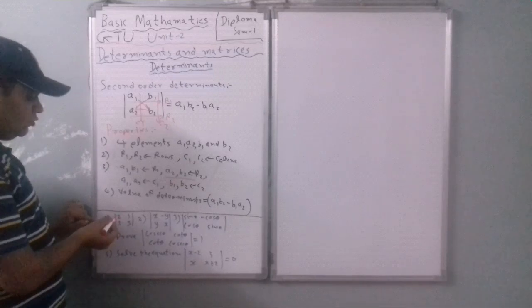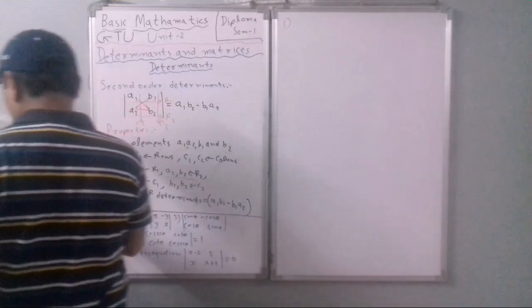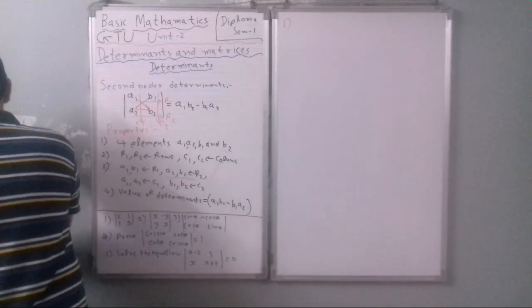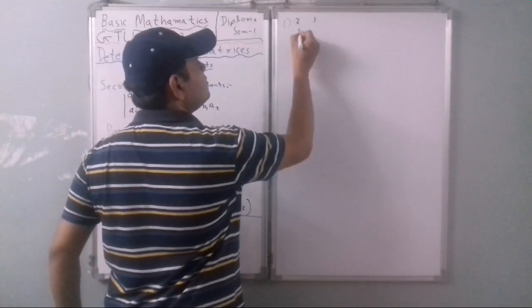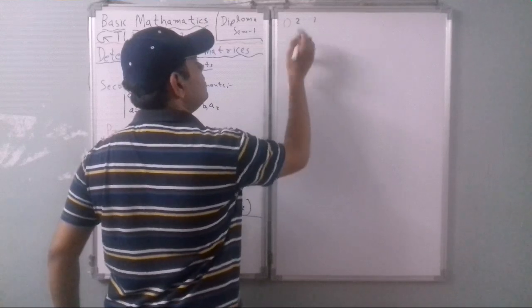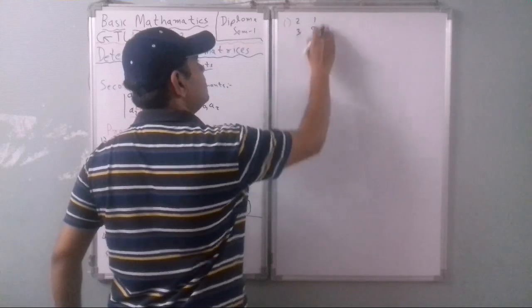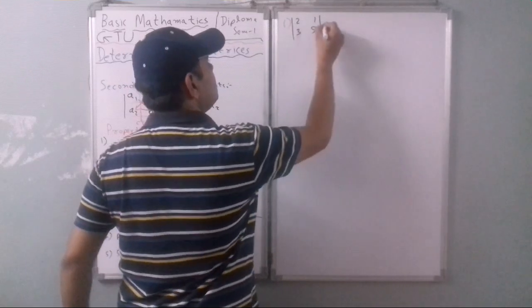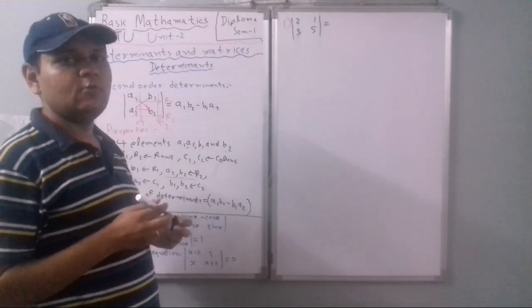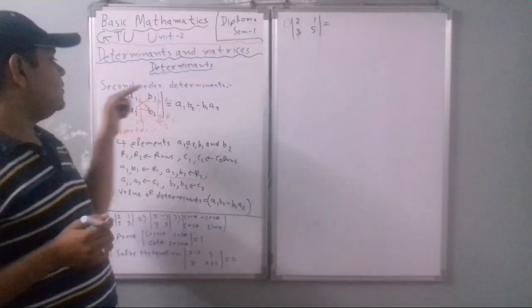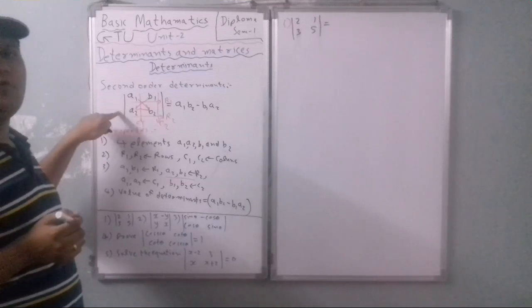First example: 2, 1, 3, 5. For finding the second order determinant of these, first we compare this with A1, B1, A2, B2.